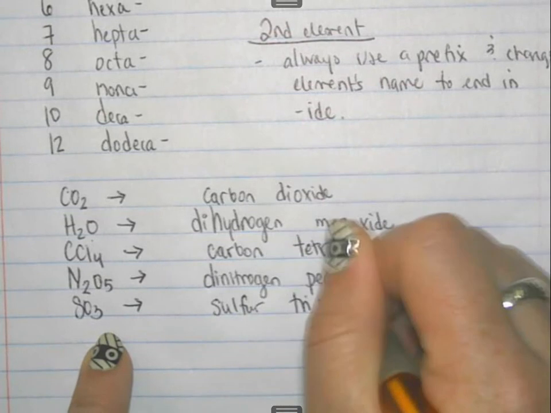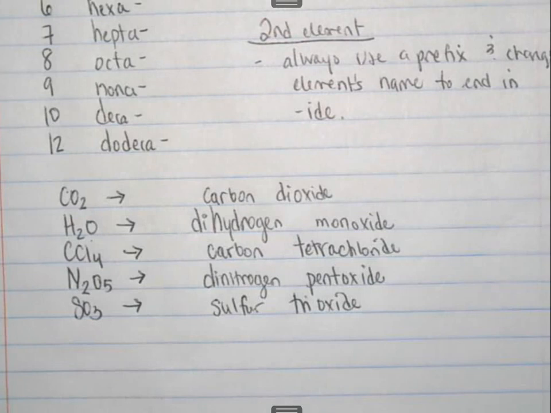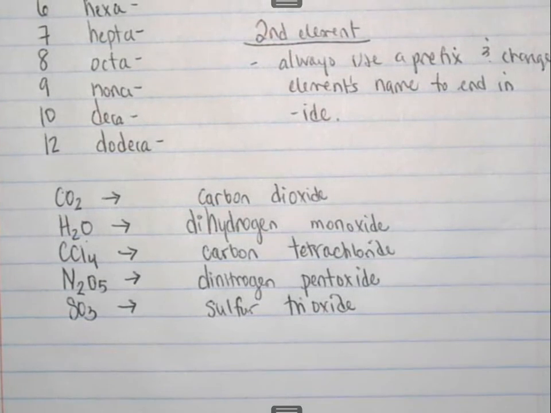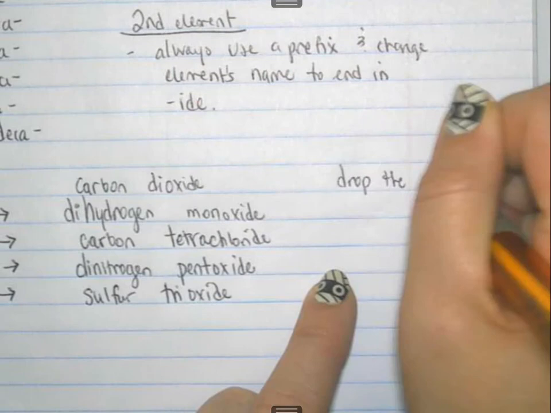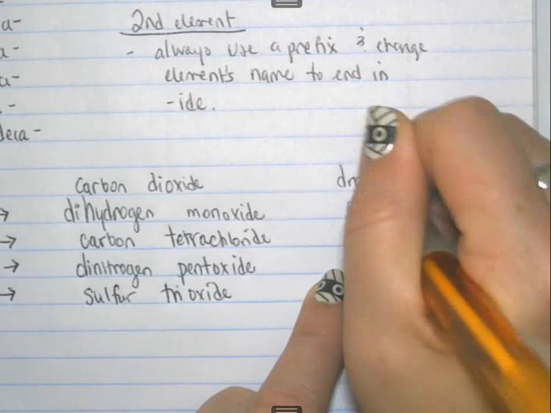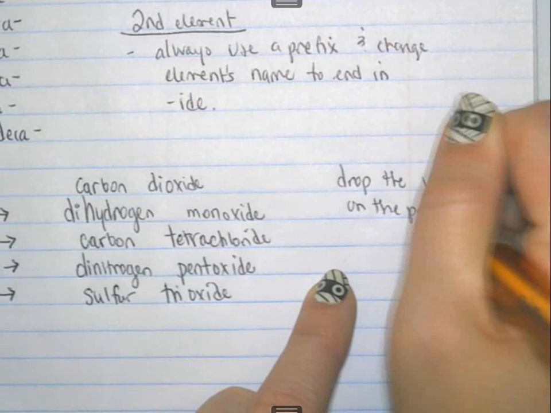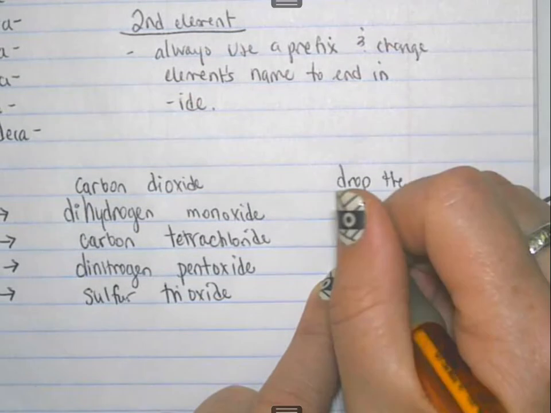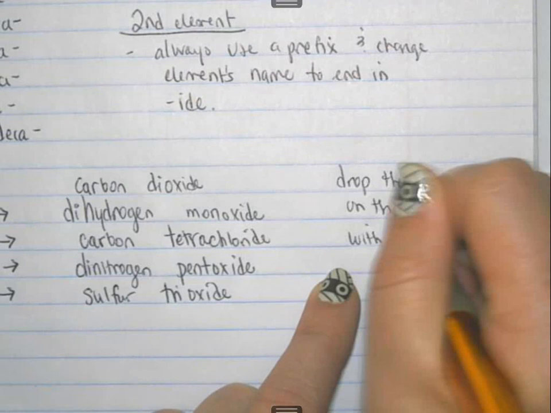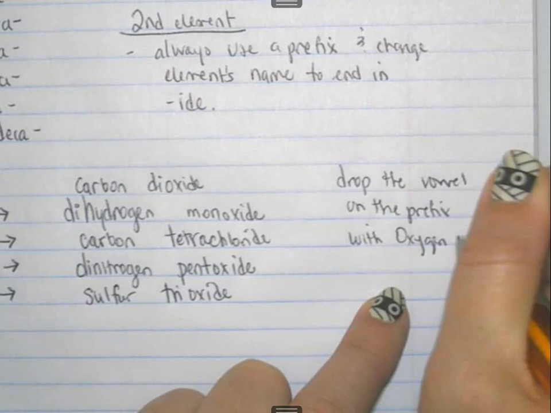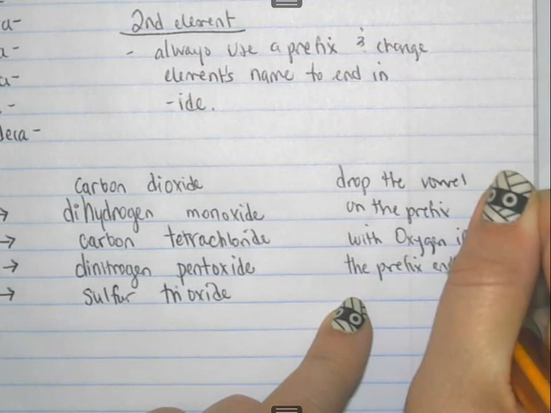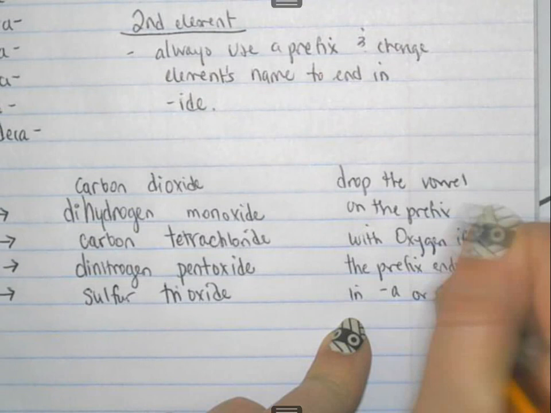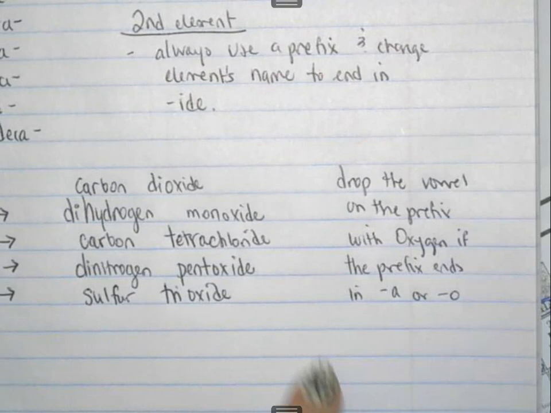So if you want this written down, like officially, because that's the only way that some of you write it down, is that I drop the vowel on the prefix with oxygen if the prefix ends in A or O, but keep the I's.